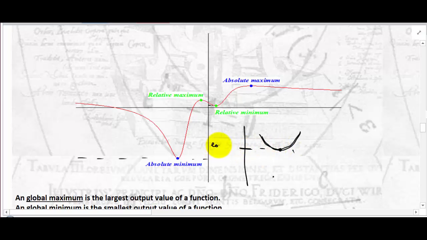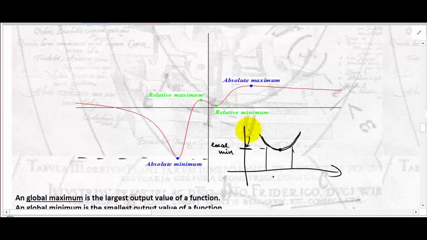But this is a local min. Why? Because, and this is the x-axis, around it you don't have anything lower. There's nothing lower around it. But of course, if you go a little bit further, like this one right here, this y value is smaller than this one, right? So this is not an absolute min. There is always something lower in the graph. This is a local min.